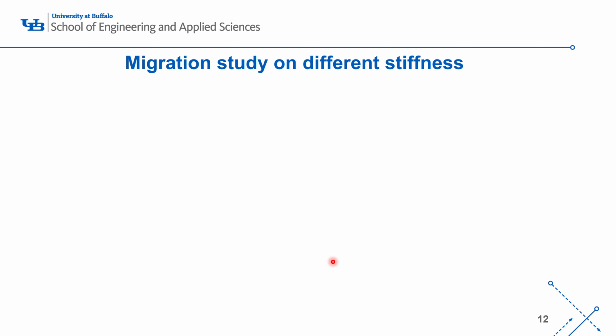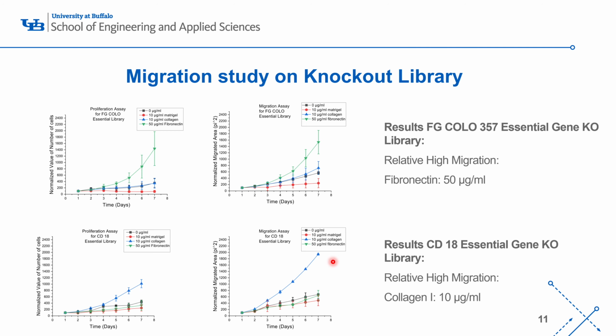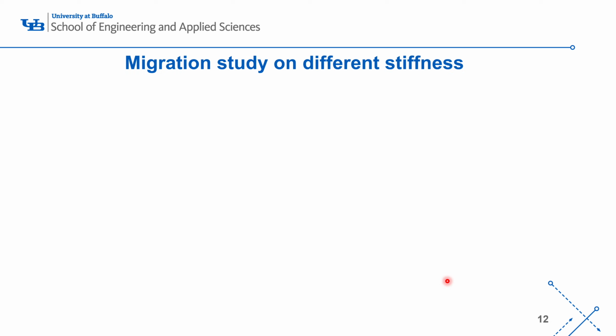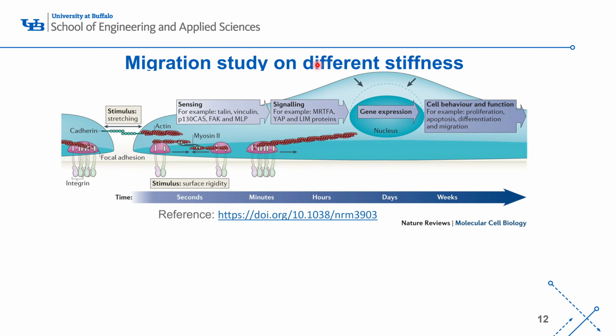So now we have the effect of stiffness. Now we know at which substrate concentrations the cells are migrating to a maximum extent. However, in actual conditions, cell migration also depends on the stiffness of the substrate.